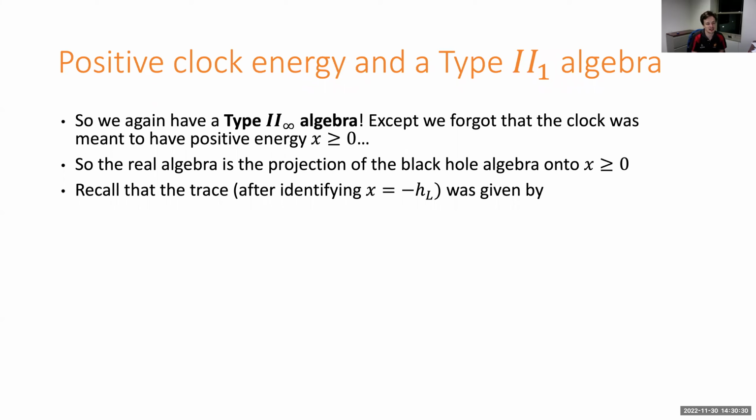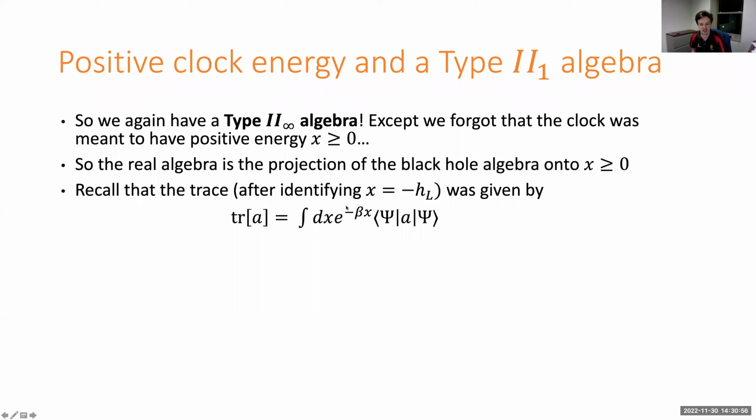And we can consider now the trace on this projected algebra, so the trace inherited from the algebra we had before. If we substitute in X equals minus h_L, then the black hole trace was the integral dx of e to the minus beta x times the expectation of A in, it's now the de Sitter vacuum rather than the Hartle-Hawking state. The analogous state.